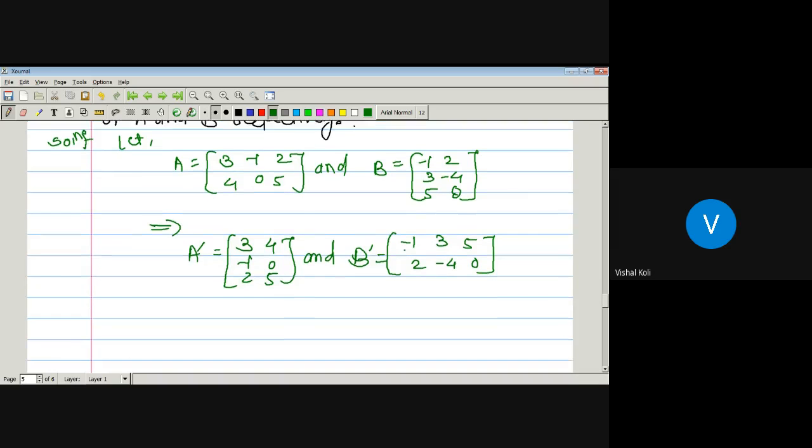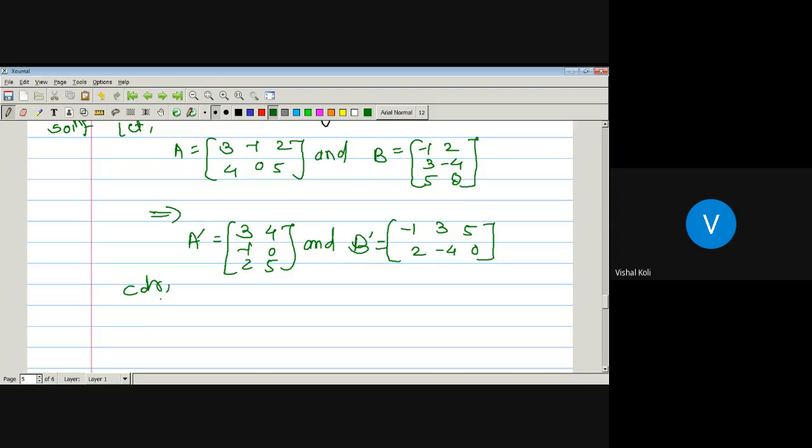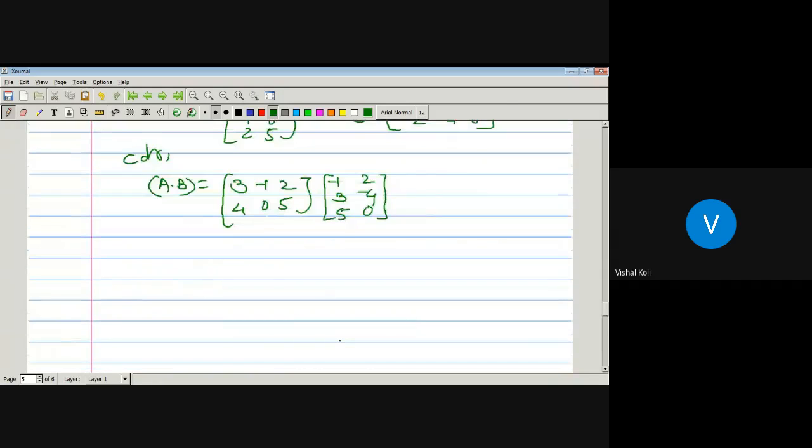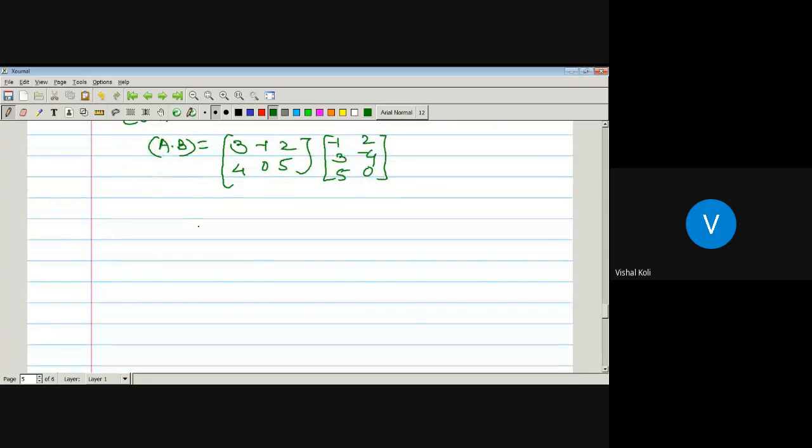Now first we will find A into B. So consider A into B equal to A, which is 3, -1, 2, 4, 0, 5, into B, which is -1, 3, 5, 2, -4, 0. Now its multiplication: this will be a matrix of order 2 by 3, and this will be a matrix of order 3 by 2, so the final matrix is of order 2 by 2.